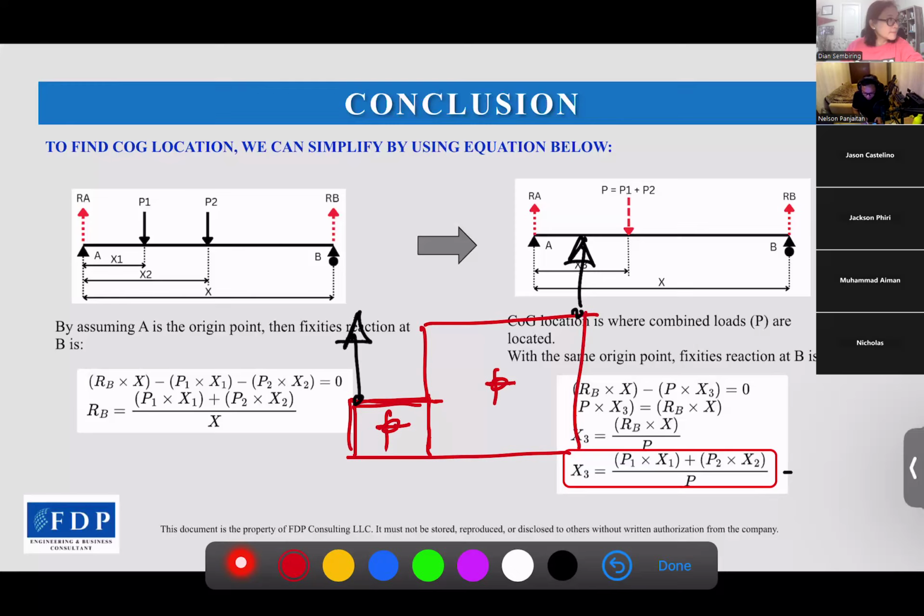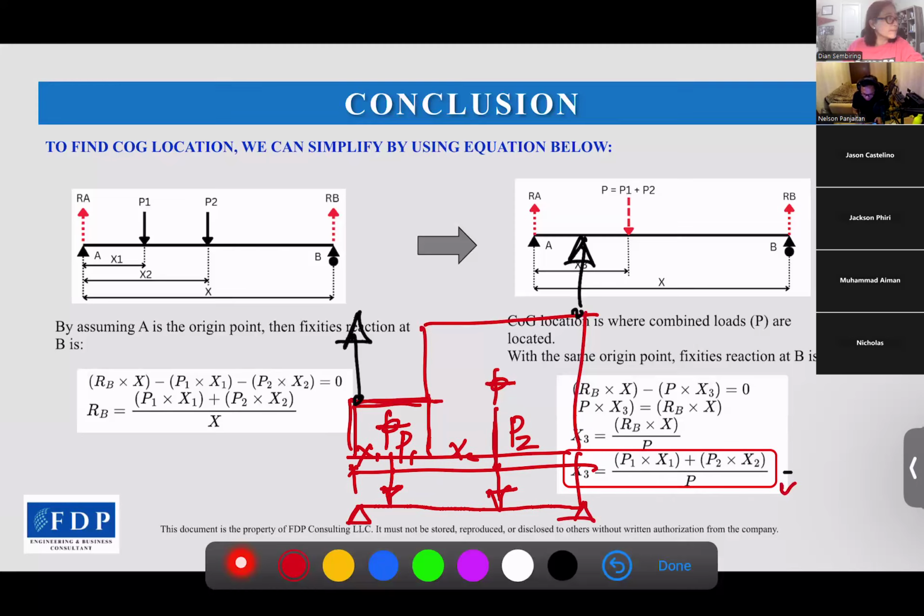So we can simplify the system like this. This COG will be working here, and this COG will be working here. We can call this P1 and this P2, and each has its own distance to our origin point, x1 and x2. Then we can use this formula to get the COG.